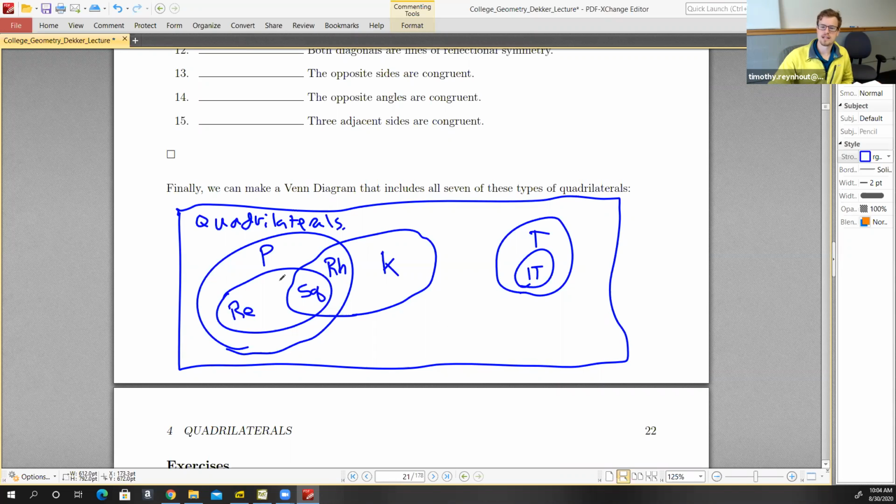So this is the relationship. A kite, which is a rhombus, and a rectangle is a square. So a square is many things. A square is a rectangle, it is a rhombus, it is a kite, it is a parallelogram. Very interesting. All right. So this is the relationship between our 7 main quadrilaterals. Excellent.